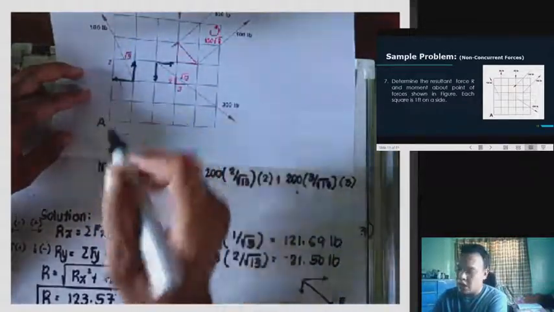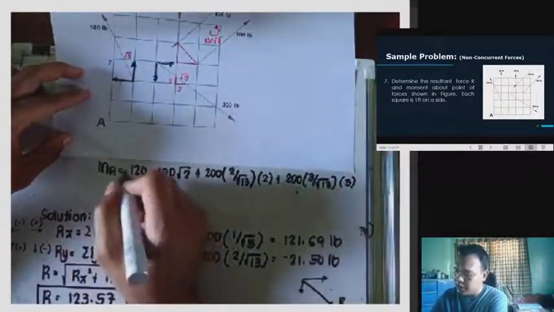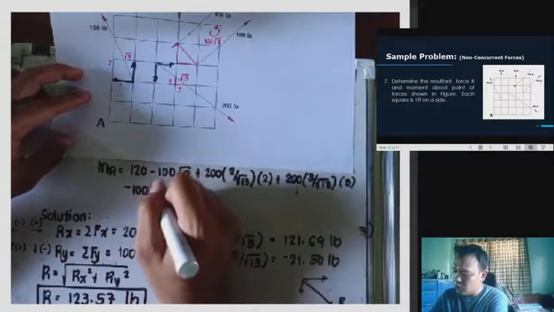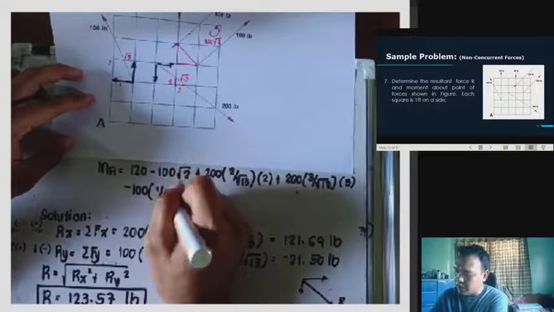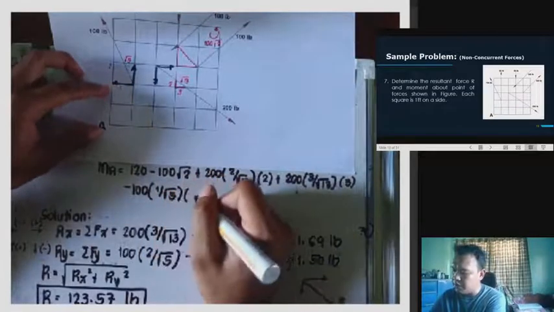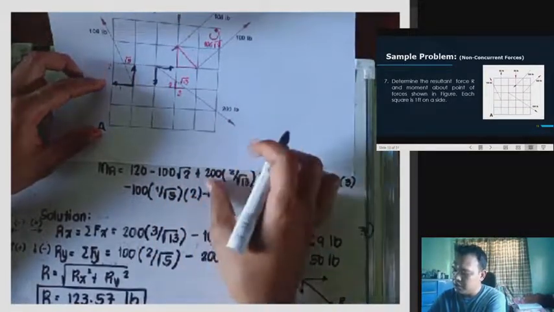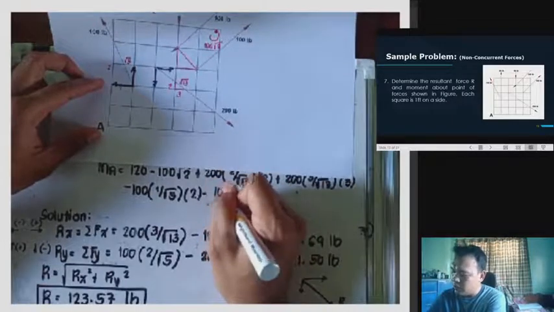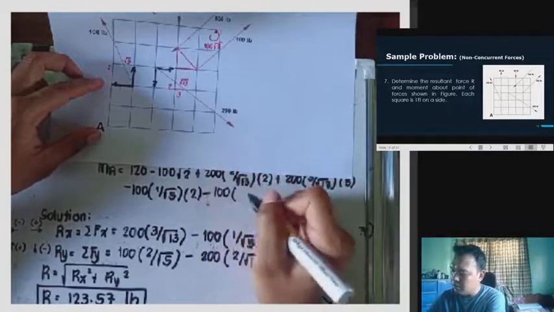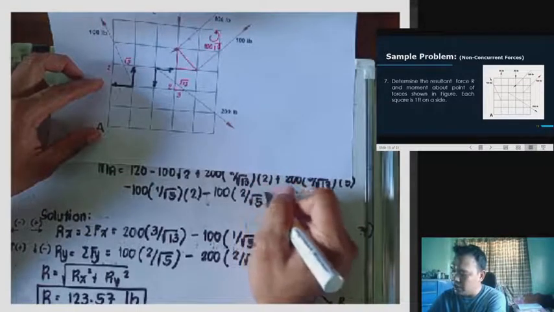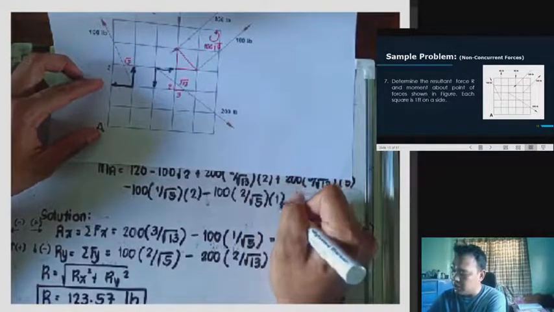So, puro counterclockwise na. So, negative tayo. Negative 100 times 1 all over the square root of 5, multiplied by perpendicular distance which is 2. Plus, minus 100 multiplied by 2 all over the square root of 5 multiplied by perpendicular distance na 1.